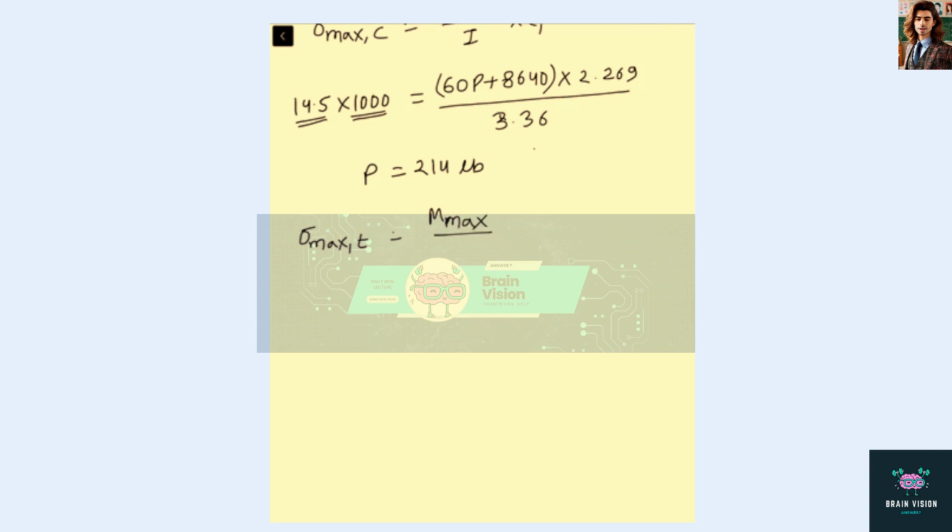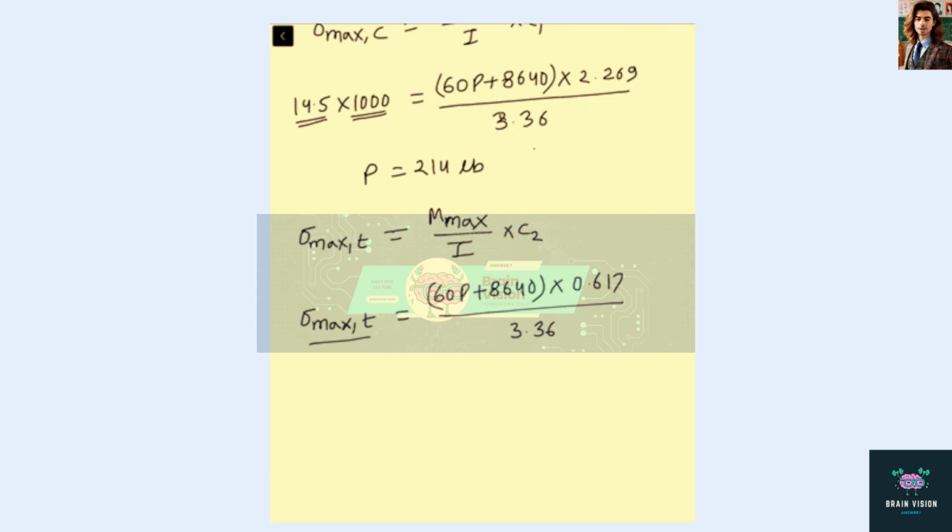Okay, so now the maximum tensile stress will be sigma max tensile equals Mmax divided by I multiplied by C2. Substituting the values, we get sigma max tensile equals Mmax is 60P plus 8640 multiplied by 0.617 divided by 3.36.